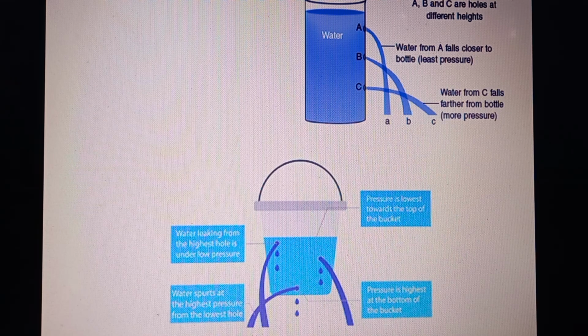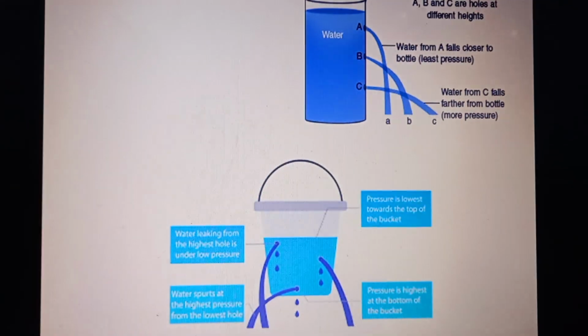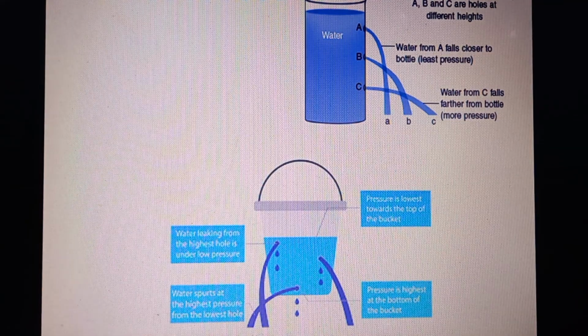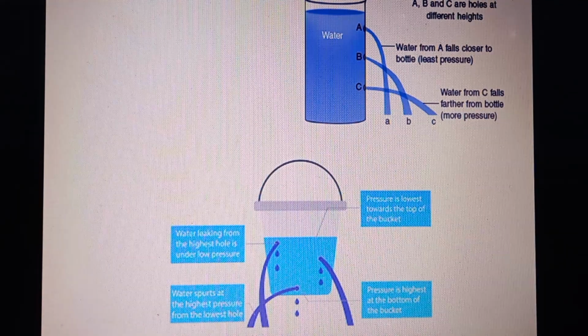So in hole A, water from A falls closer to the bottle with less pressure. The space there before letter A is already the air pressure. And remember, it also exerts gravity, which relates to the density of water itself.